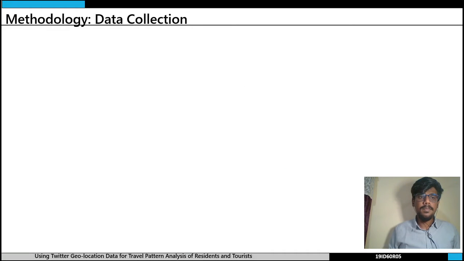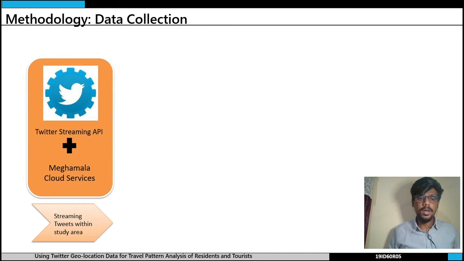So the main part of the methodology is the data collection. It was a two-phase data collection. First of all, I had to stream tweets within an area for about a month to see which type of users are geolocating actively, to get the tweets within the area.